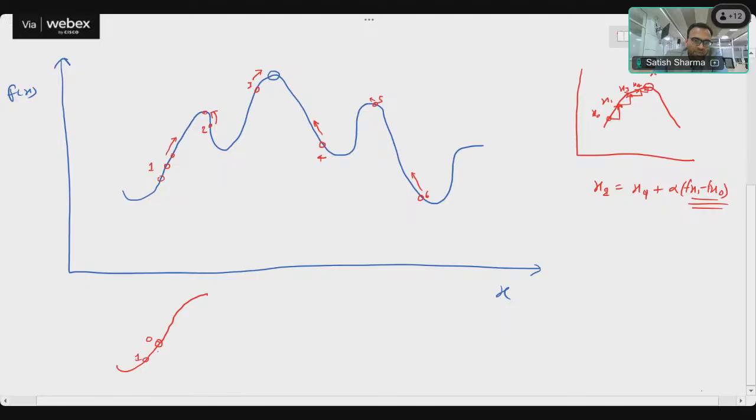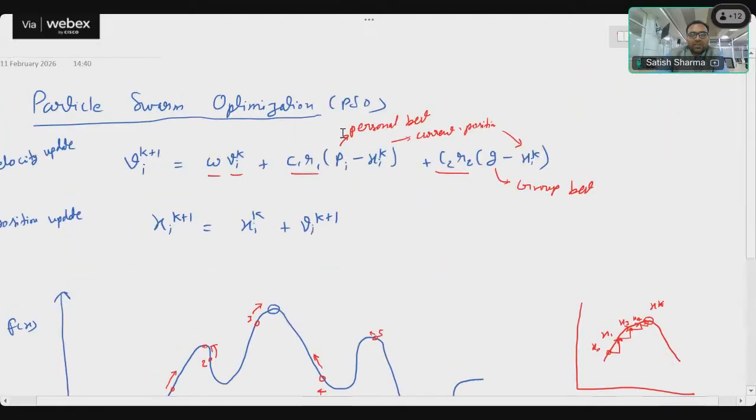So let's say initially the velocity was in the opposite direction, because we don't know whether the solution will be upside or downside. So the initial velocity moved the point from 0 to 1. Now if I look at these 2 points, this is the best option, so this is basically P best, the personal best. This is the current position X. Now if I just look at the first two terms, some inertia will be there.